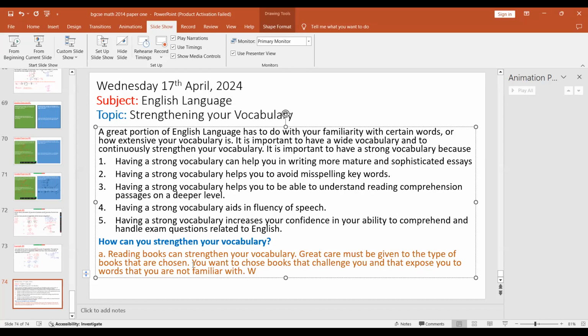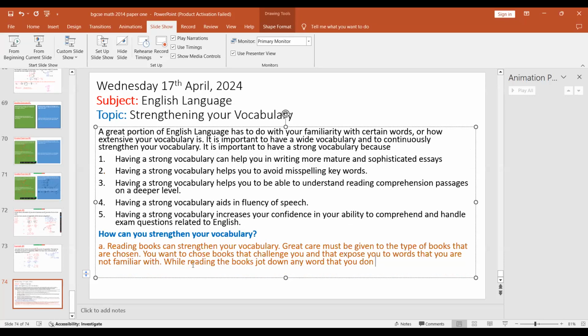So that brings me to the next point. While reading the books, jot down any word that you don't know. And any words that you don't know, what you're gonna do?